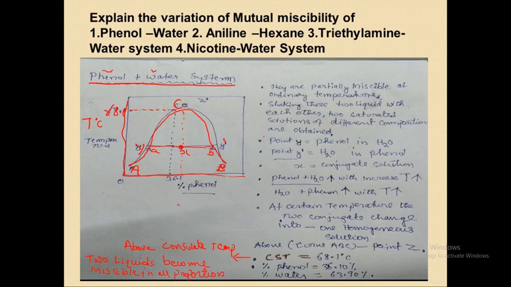and water is 63.90%. So above this temperature, the two partially soluble liquids become completely miscible and form a homogeneous solution.